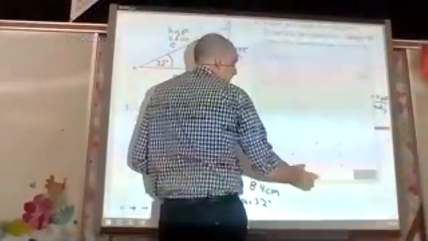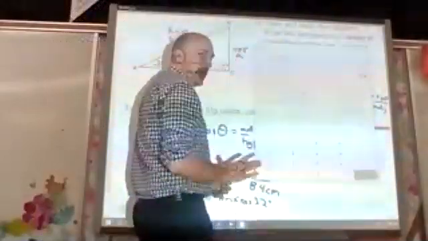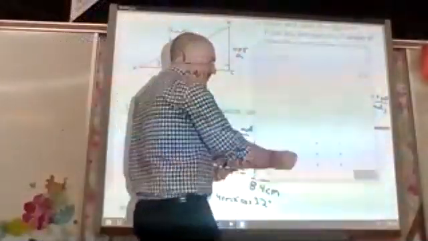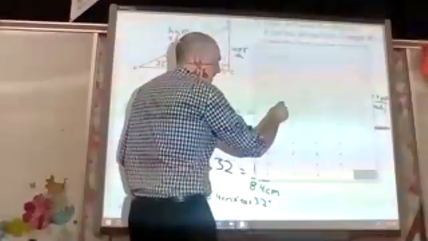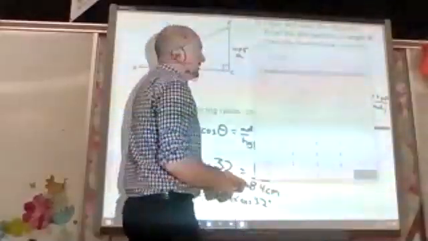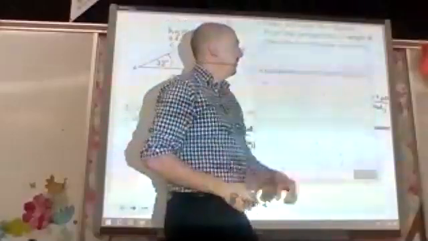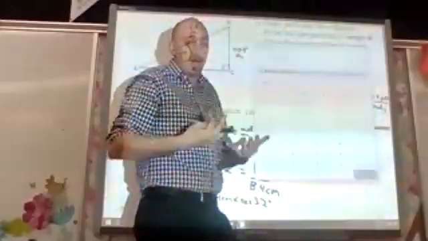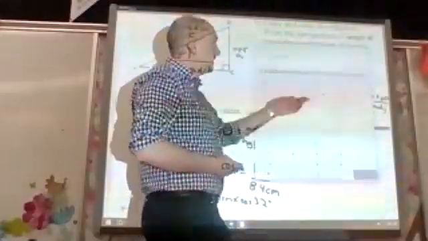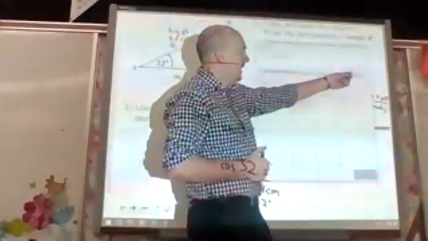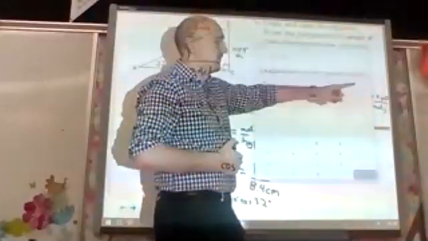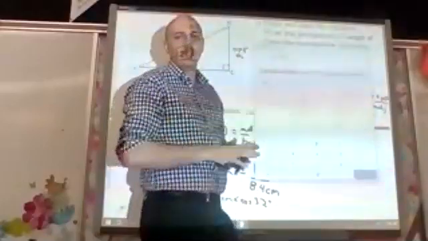times the cosine of 32, and I figure out with this calculator, I have to plug in 32 first, and then get the cosine, because that's going to do cosine of 32 for me. I figured that out the first time I tried to use this calculator, because I did 8.4 first, and then times cosine, and it did the cosine of 8.4. Just pay attention as your calculator's doing it.